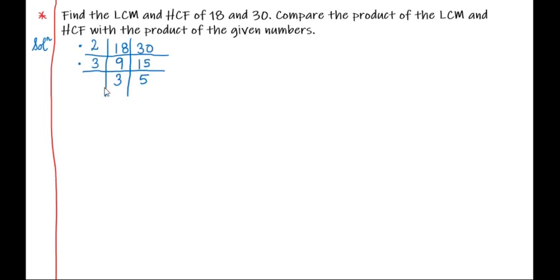Both the numbers are divisible by 1. 3 is divisible by 3 and 1, and 5 is divisible by 5 and 1. 1 is common in both of them. As we get 1 as a common table in both of the numbers, that means we have got the end of our division.